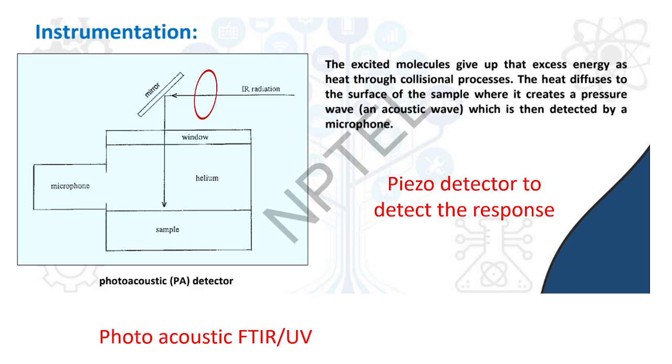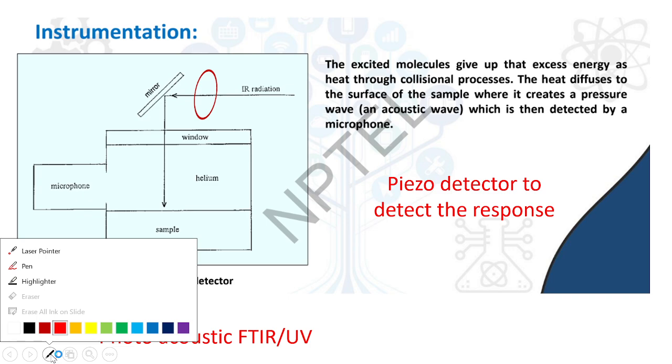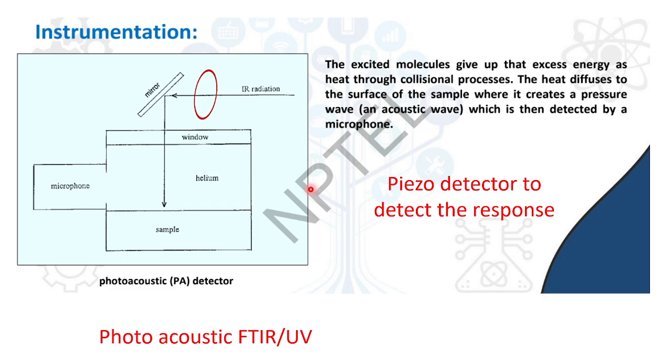From the instrumentation part, there is a source of radiation. You may use IR, you may use UV. Here we are basically discussing IR, that's why it is photoacoustic Fourier transform infrared. If you use UV, it will be photoacoustic UV. There is a radiation source and there is a chopper.